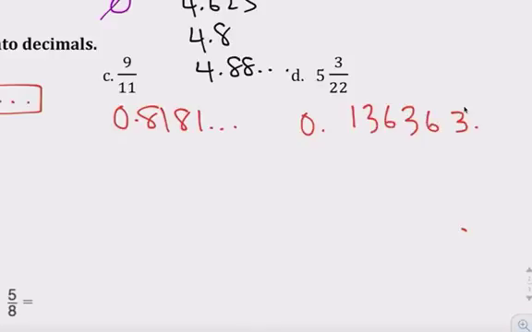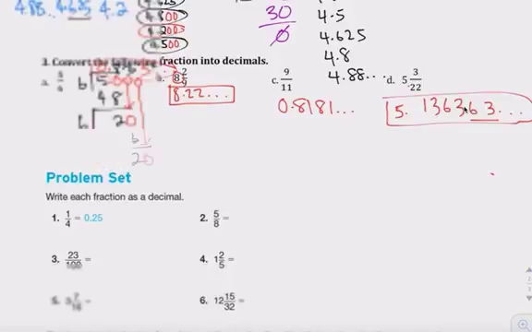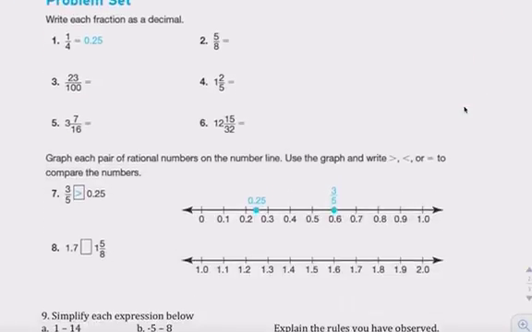The 63 is repeating. This is the way you know the 63 is repeating. Okay? And in place of the 0, we put this 5 here. Right there. Okay?